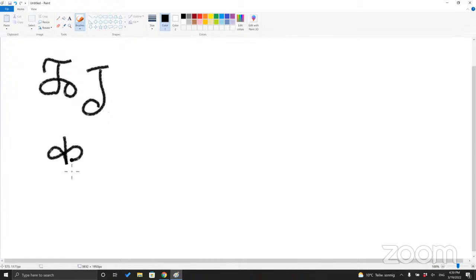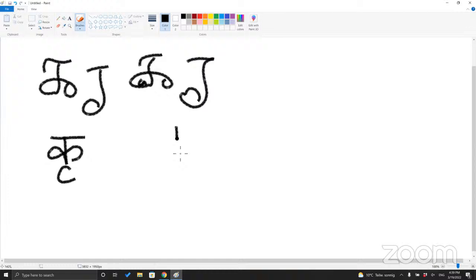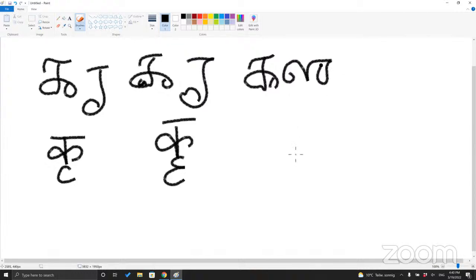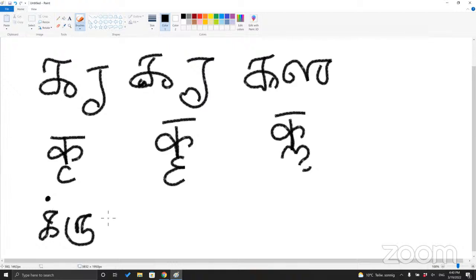Then you have the Sanskrit vowels, which is Kr, Kr. Then you have Kl, Kl.